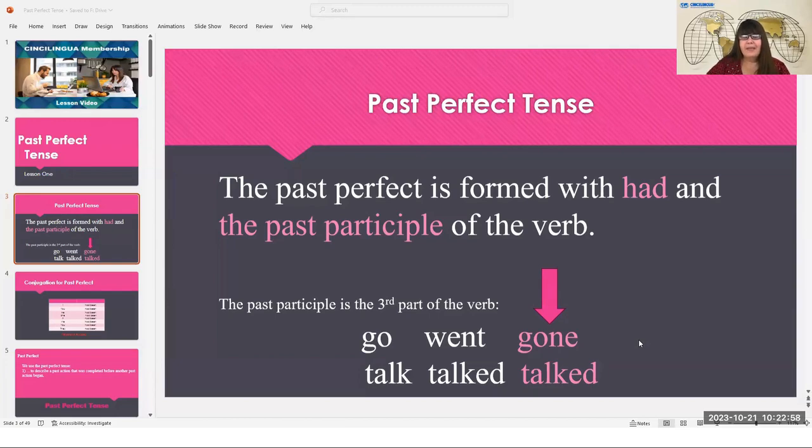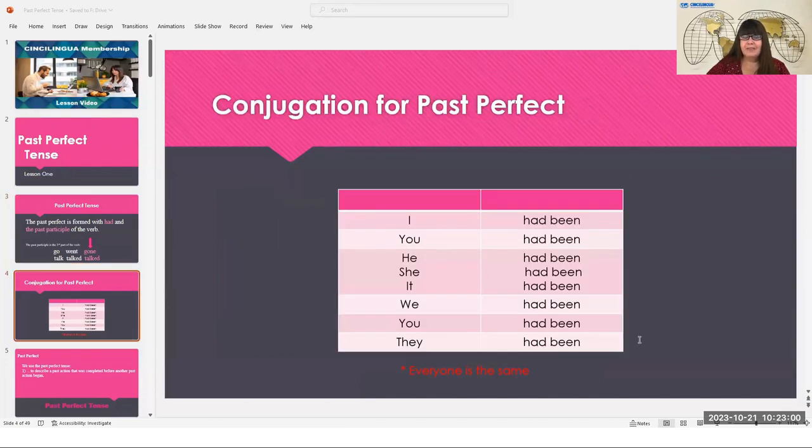So let's look at how we conjugate the past perfect tense. You're going to see that everyone is the same in this verb tense. I had been, you had been, he had been, she had been, it had been, we had been, you had been, they had been.